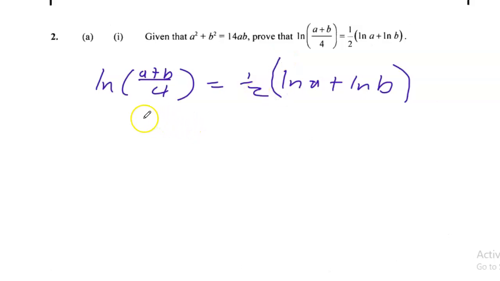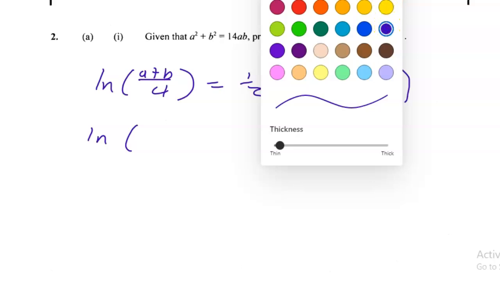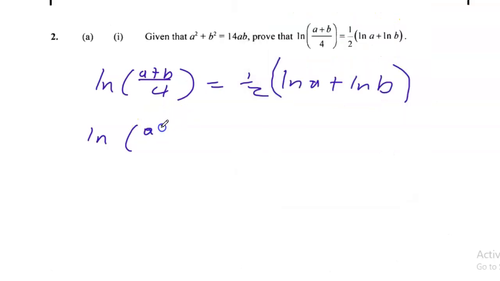Alright, so we can rewrite the right hand side. Now ln a plus ln b is ln ab. Alright, ln a plus ln b is actually ln ab, right?